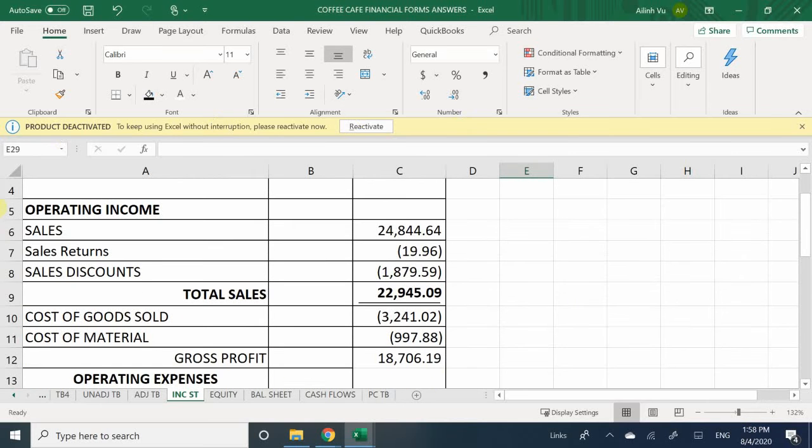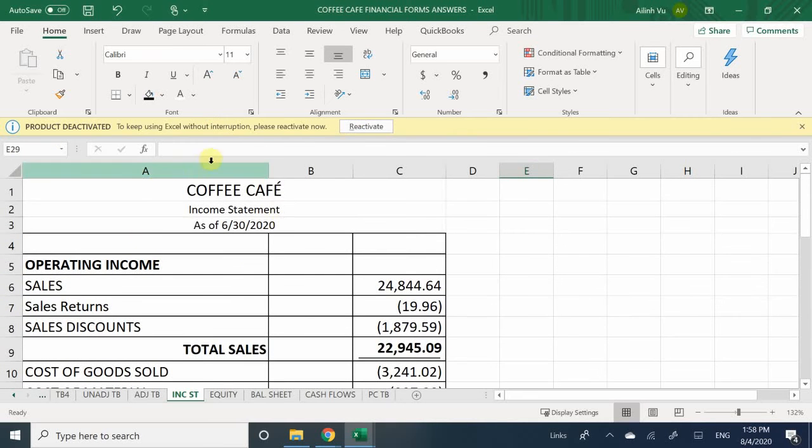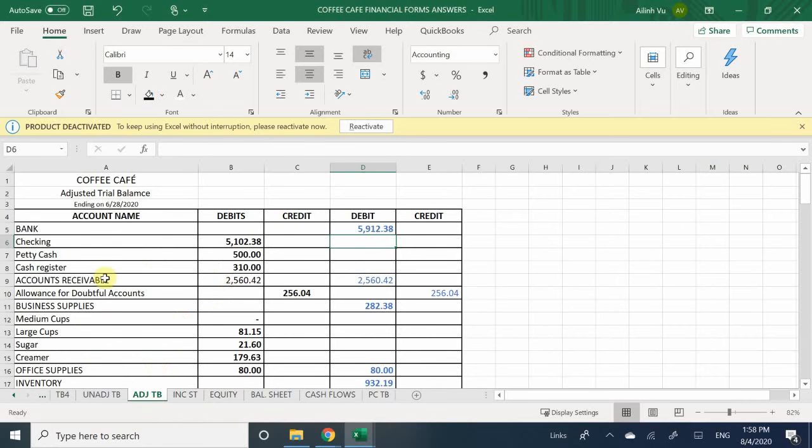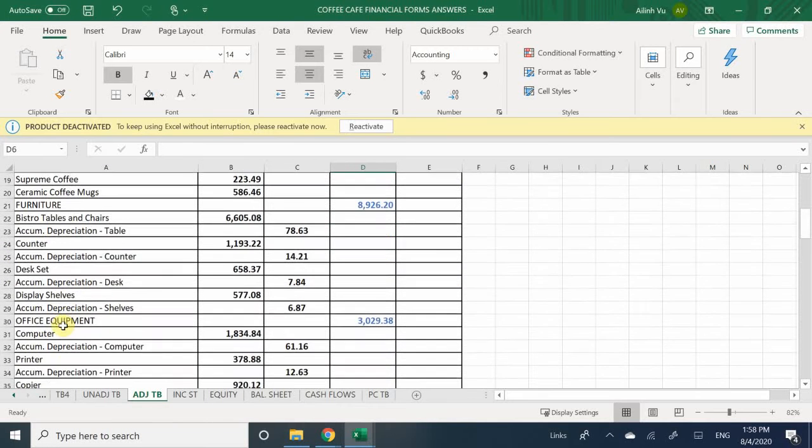In order to do the income statement, you're going to take every single revenue, all the sales discounts, all the sales returns and allowances, and combine all of those together, okay? So here, sales, right? It says right here it's 24,000. I actually went ahead and compared that to my adjusted trial balance, as you can see under sales here.